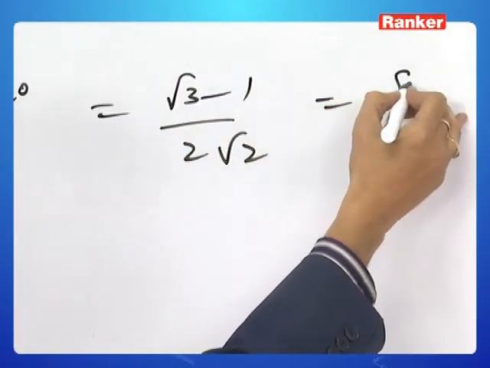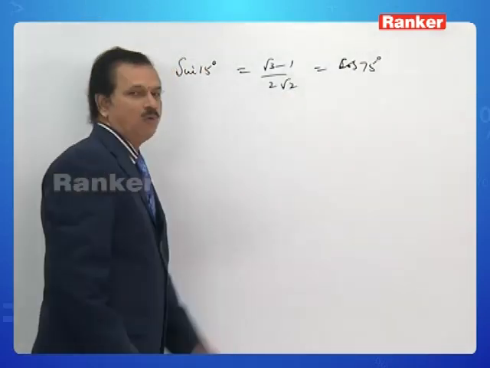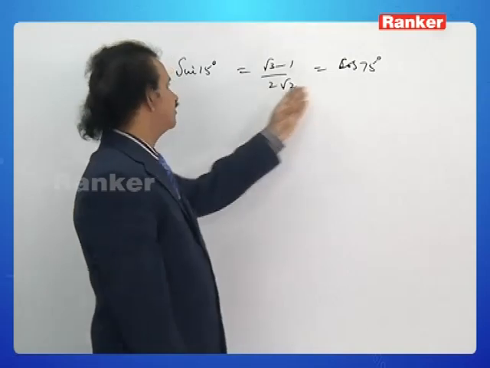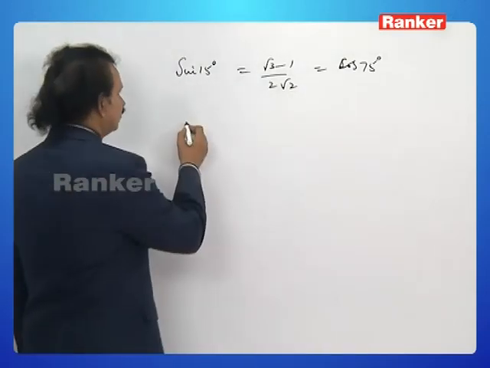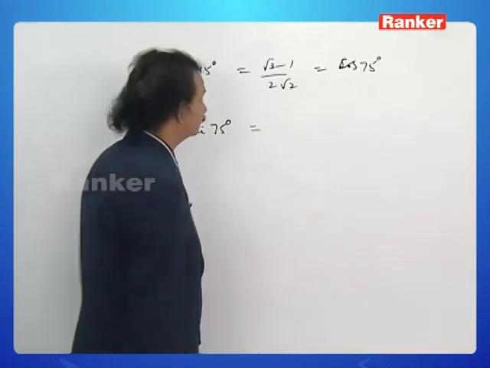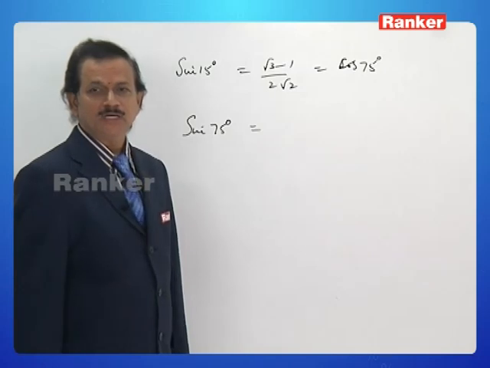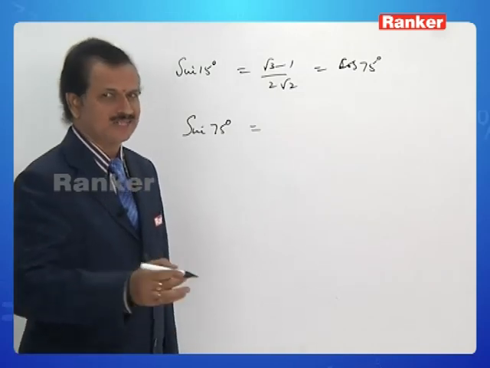At the same time, you will be able to have the value of cos 75 degrees also. Why? 15 degrees and 75 degrees are complementary. Well done. What is sine 75 degrees? Previously, you had sine 45 minus 30.